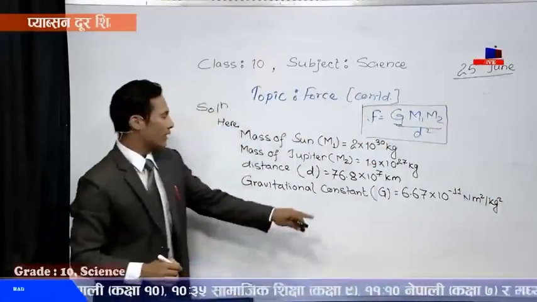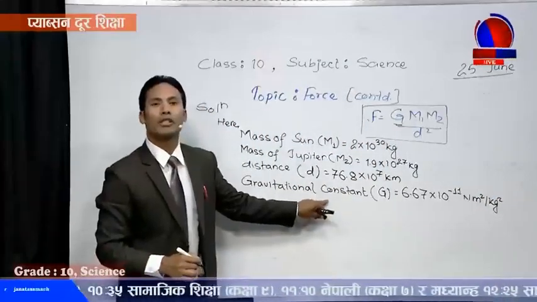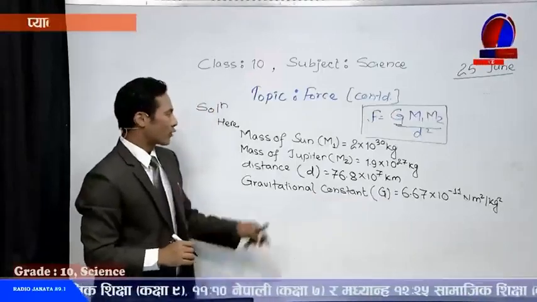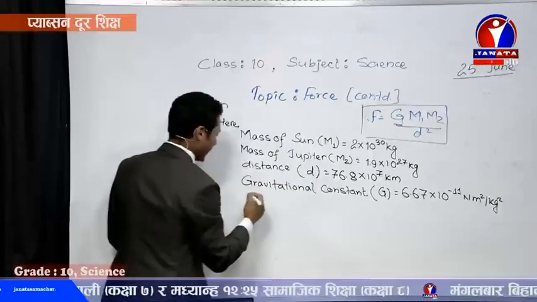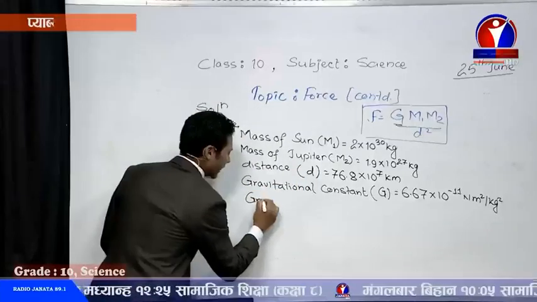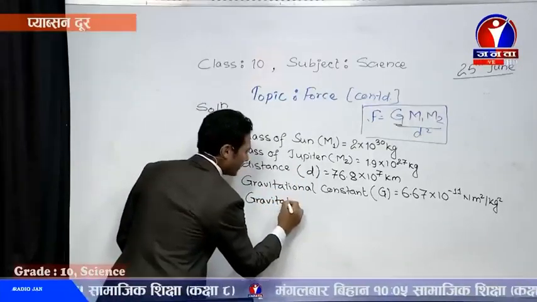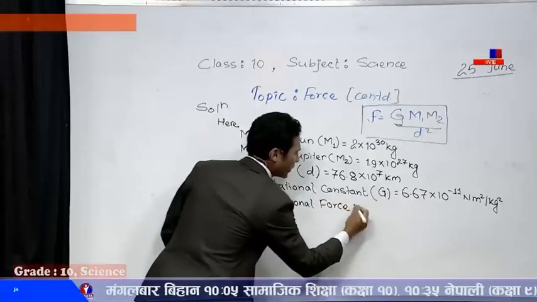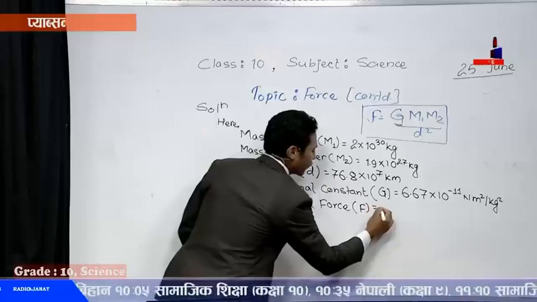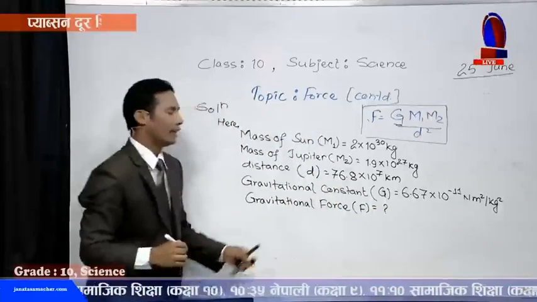This is the value of G which we have discussed previously, right? This is given in the question. Now what we have to find here is the gravitational force, capital F equals to what? We need to find this one.